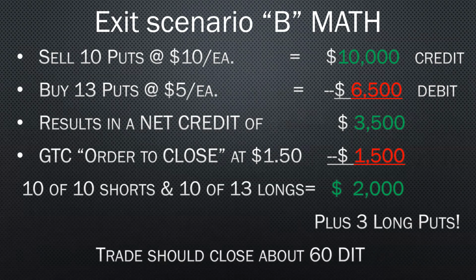That means we're going to have 3 extra long puts that are completely paid for. Now, it's really nice to have long puts in the event of a crash or correction, because puts is what everybody wants when that happens. So this scenario results in a credit of $2,000 and fully paid for long puts when you get done with the trade.